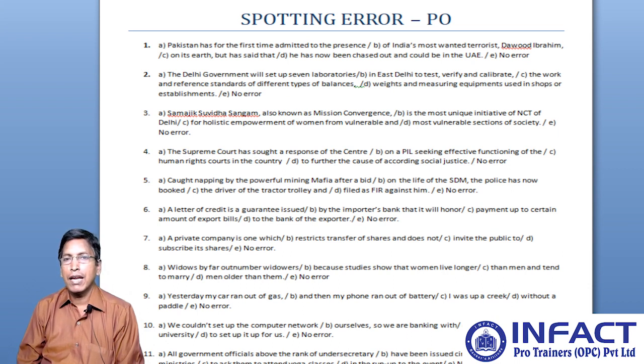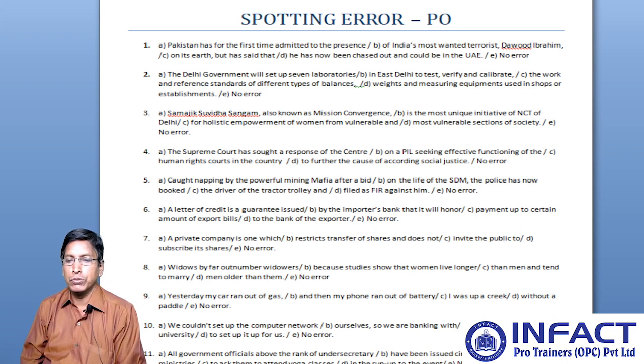The statement can be read in this way: Pakistan has for the first time admitted to the presence of India's most wanted terrorist Dawood Ibrahim on its soil, but has said that he has now been chased out and could be in the UAE. So that should be the correct statement.